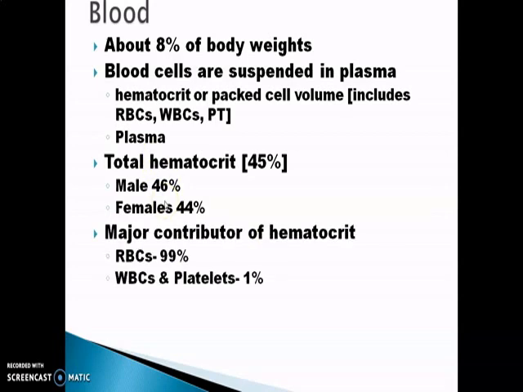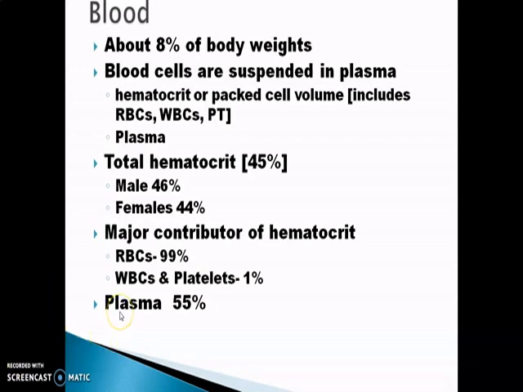Out of this total hematocrit of 45%, 99% is made up by the RBCs. The remaining 1% is contributed by the platelets, and the plasma is 55%.